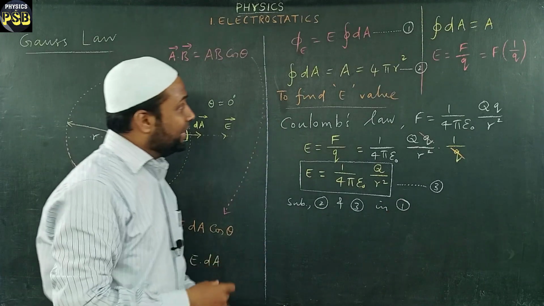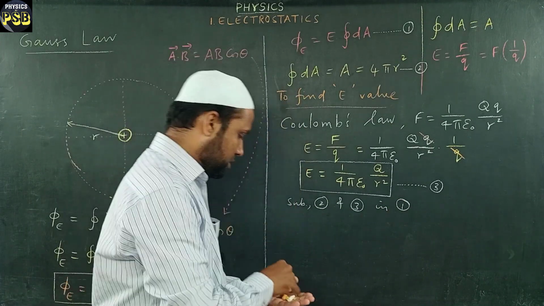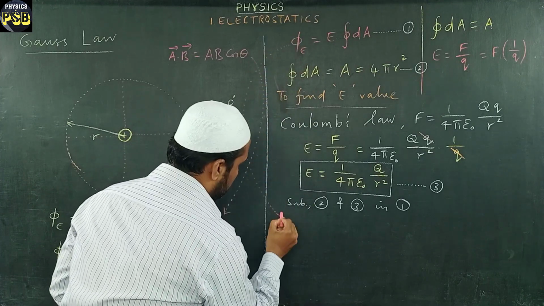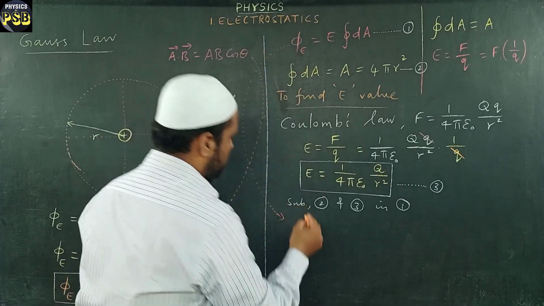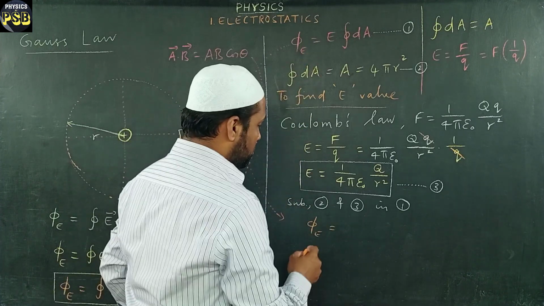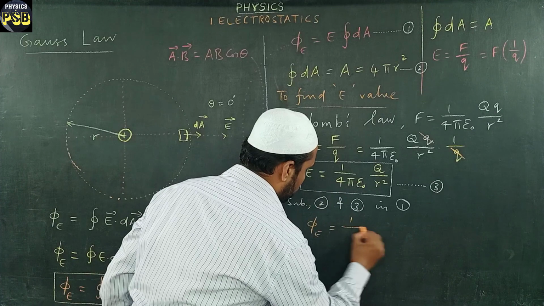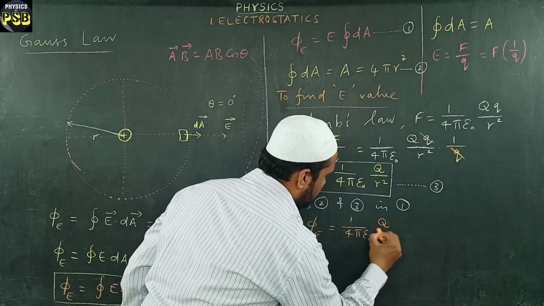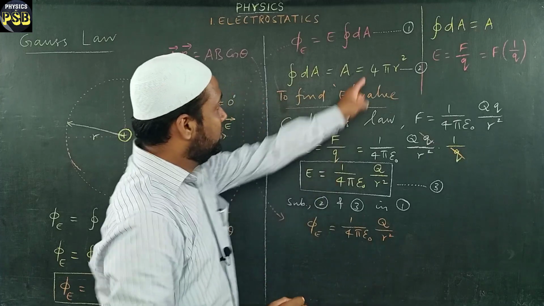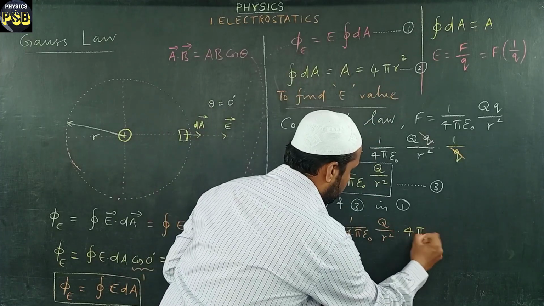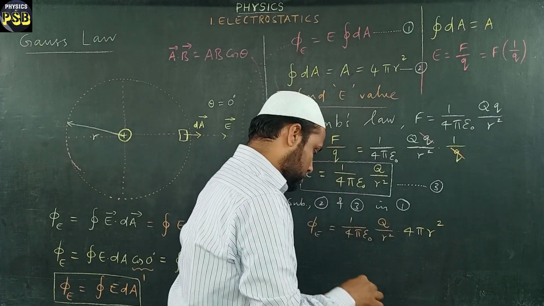If I do so, what do I get? See, now right here, 5e. In the place of e I write this, 1 upon 4 pi epsilon naught q upon r square. Then in the place of e I write this, 4 pi r square.